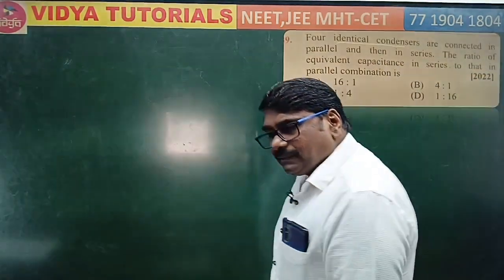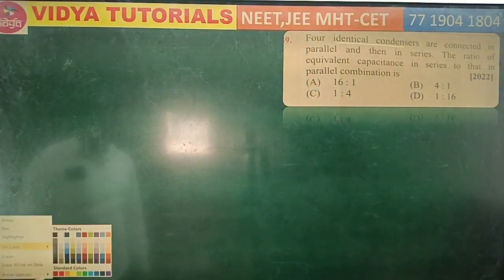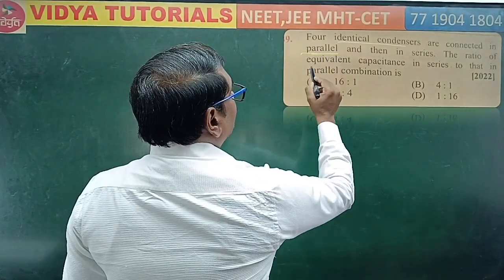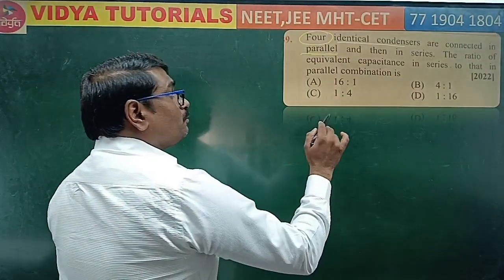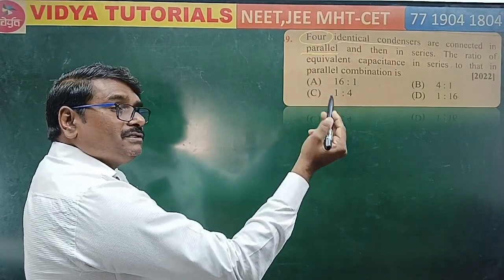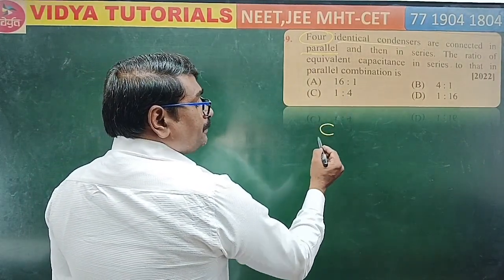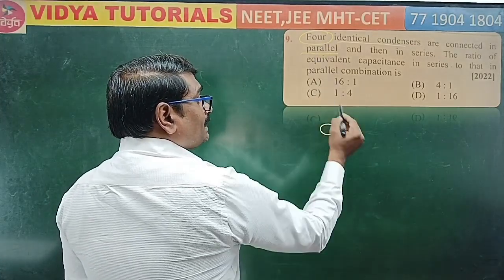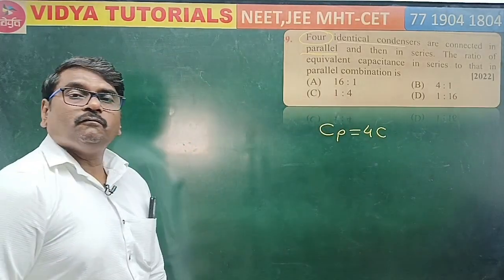Now in this case we can directly use a shortcut. In parallel combination, how many capacitors? Four, and they are identical. Suppose the value of each capacitor is C. Therefore the equivalent capacitance in parallel combination, with number of capacitors 4 and each value C, is 4C.